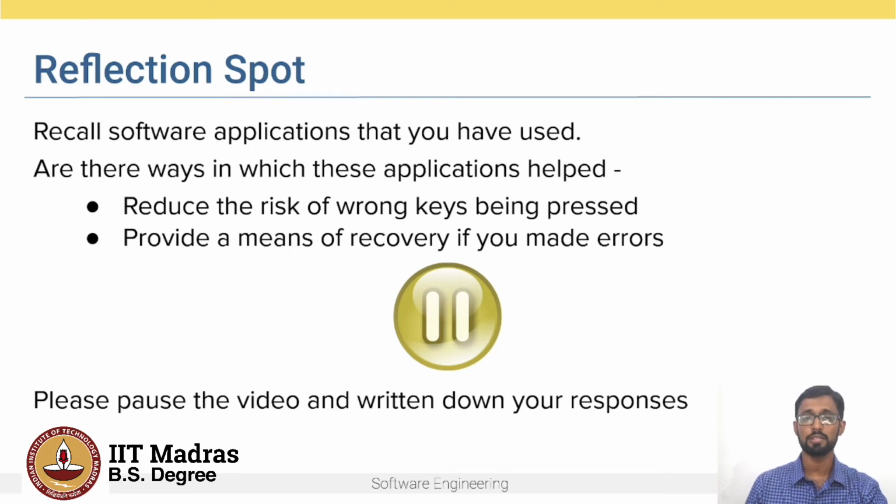So recall certain software applications that you use. And are there ways in which these applications have helped you reduce the risk of wrong keys being pressed, or provided a means of recovery if you made errors? Please pause this video and write down your responses before proceeding.